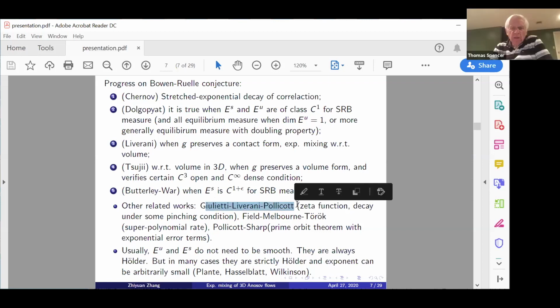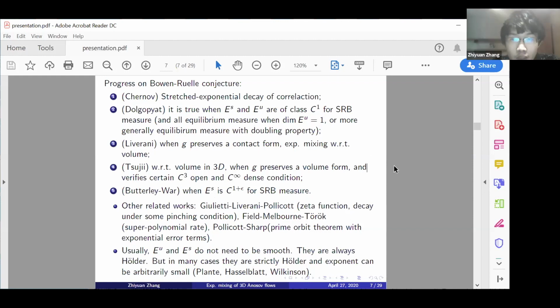They show that. Could I ask about the Dolgopiad result? The fact that he assumes it's class C1, this is not a generic statement, I guess. No. Usually it's not C1. In some interesting situations, it is known that this is verified. For instance, for the geodesic flow on negatively curved surface, this condition is known to hold.